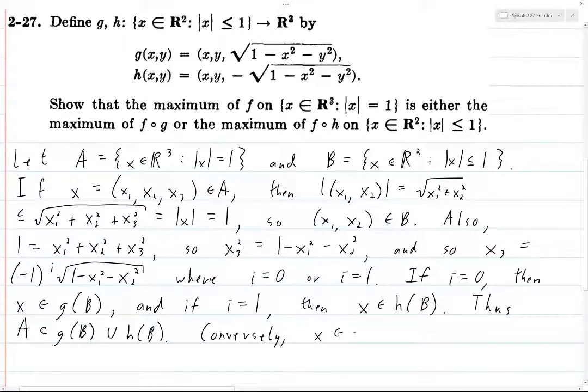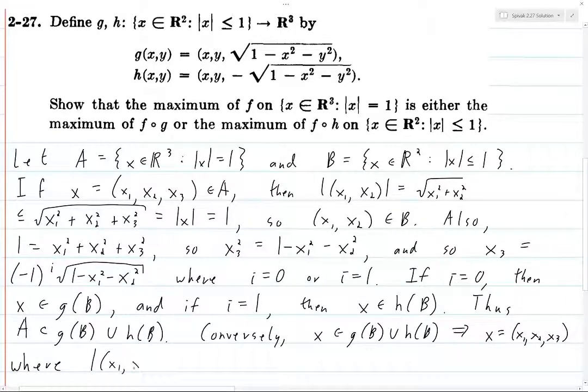So let's say x is in G of B union H of B. This implies x equals x1, x2, x3, where, and now we're going to have the norm of x1, x2. So let's see here.